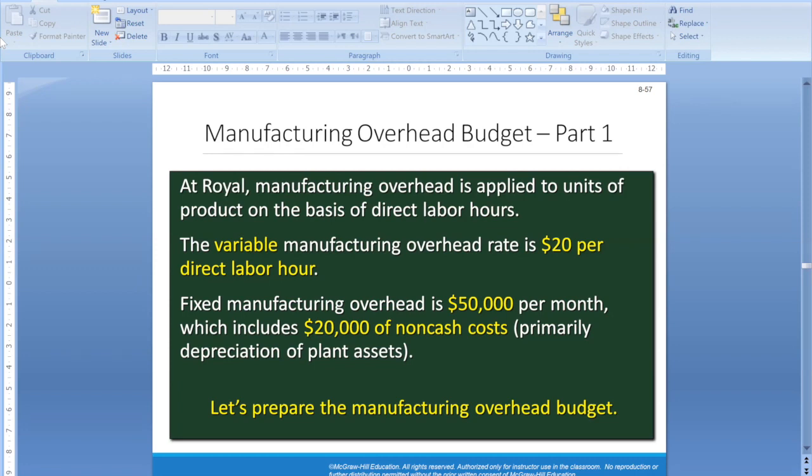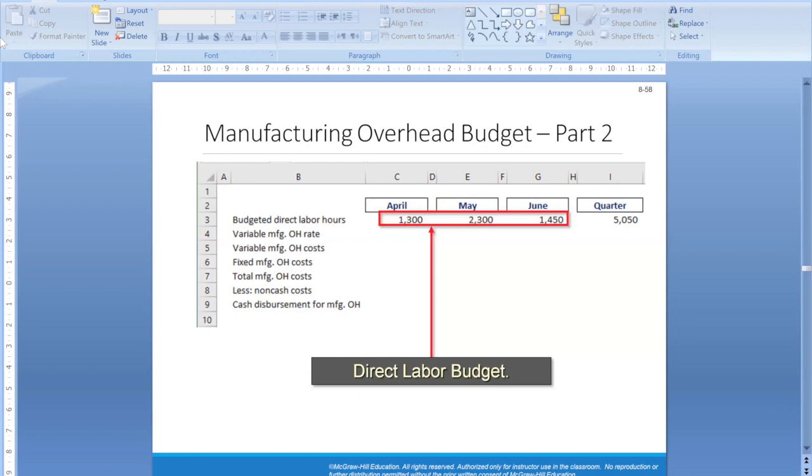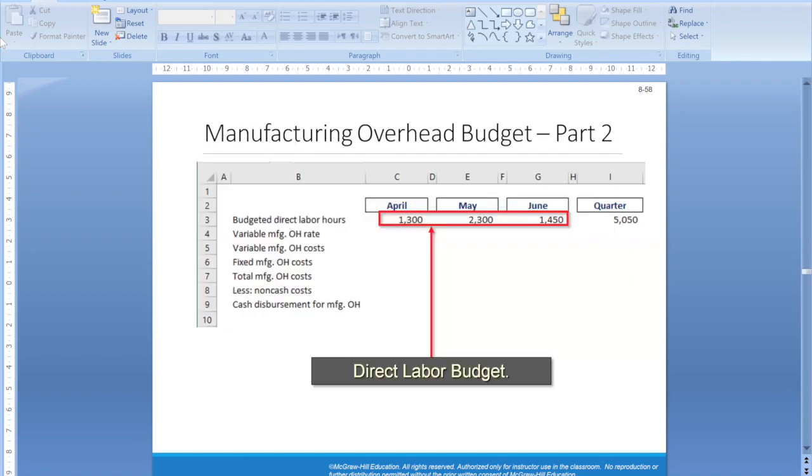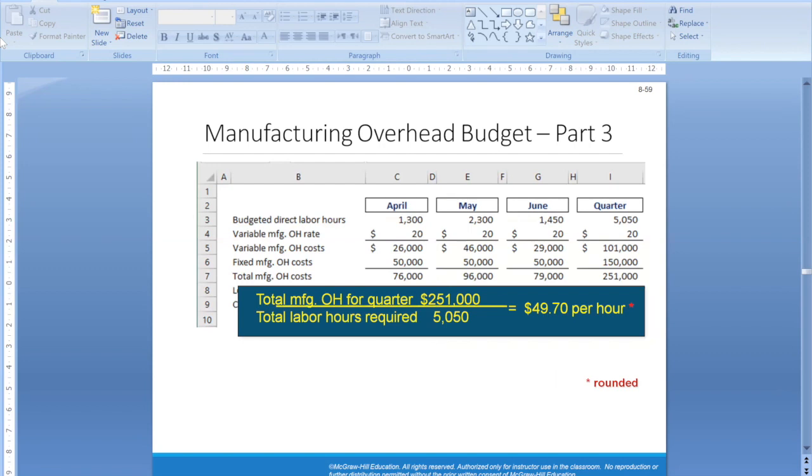The manufacturing overhead budget includes what? I will start with the direct labor hours, which come from the previous budget. Why? Because depending on these hours, I will pay $20 as variable manufacturing overhead.